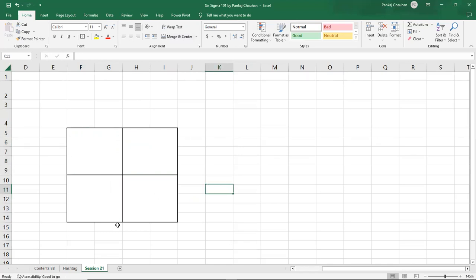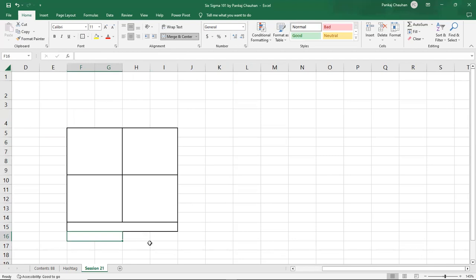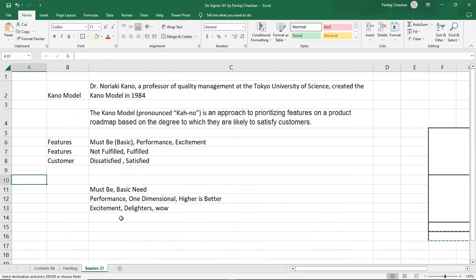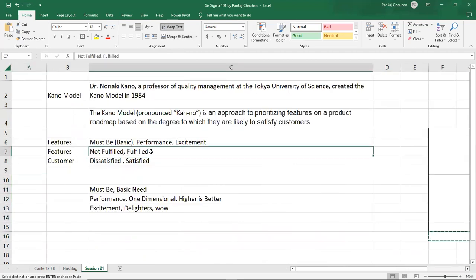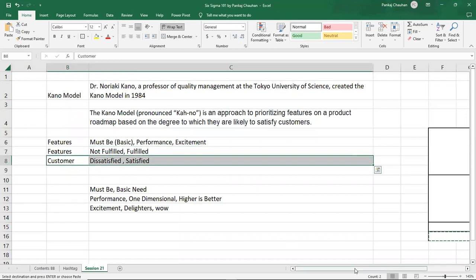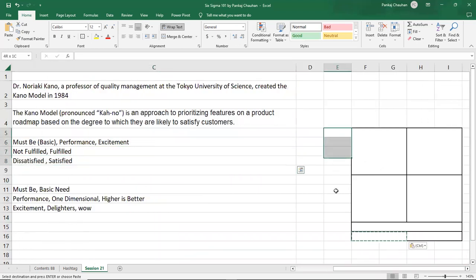When you talk about the number of features, I am going to mention the features here on the horizontal axis and divide this into two parts. One, your features are not fulfilled, as I have written in the description here, not fulfilled or fulfilled, and another one is the customer satisfied or dissatisfied. So maybe on this axis, I am looking for the customer satisfaction. The customer may be satisfied or may not be satisfied.